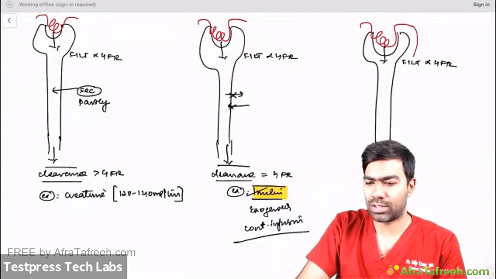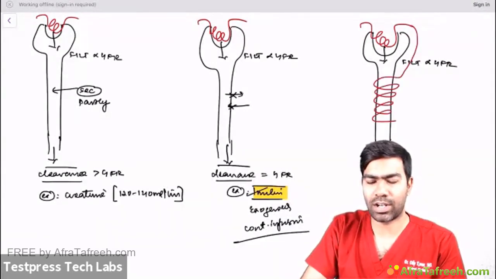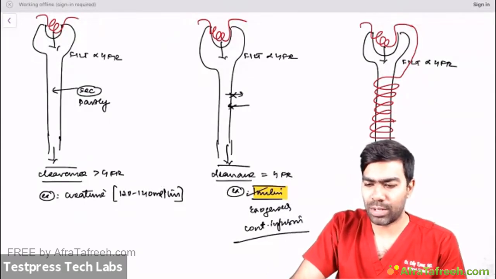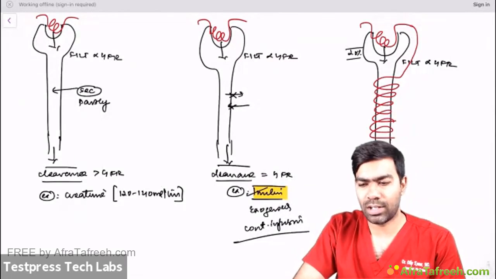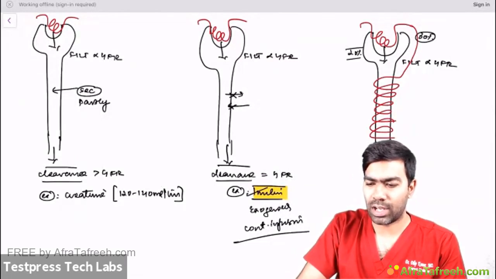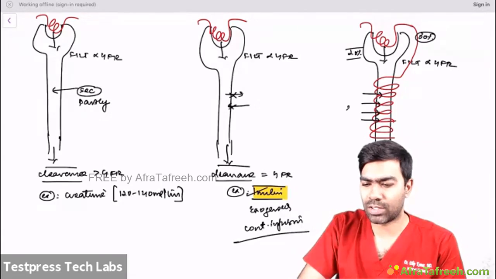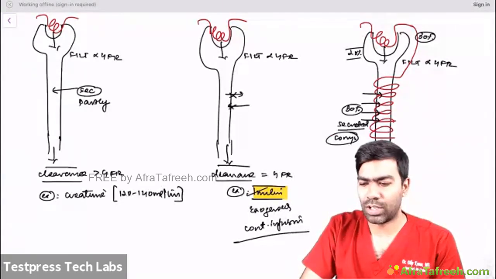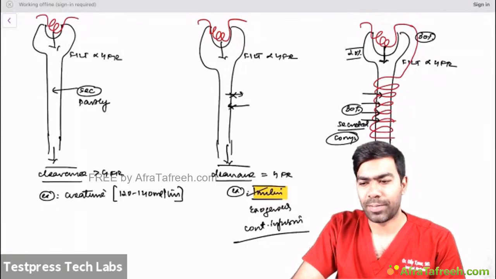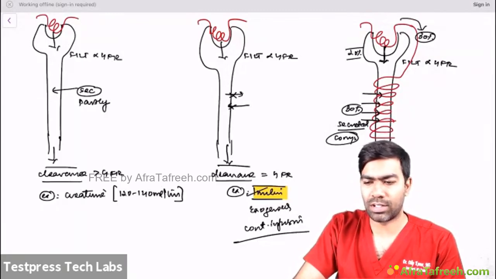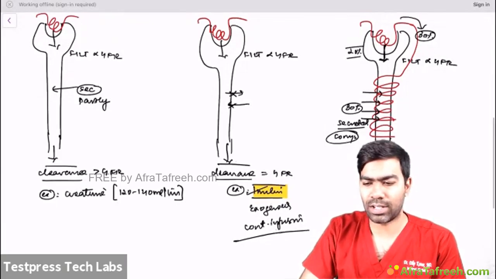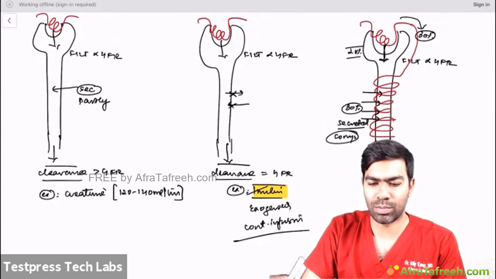And these capillary loops lead to the efferent arteriole, which is going to form the tubules. 20% is getting filtered, we know that, and the remaining 80% is coming through the efferent limb. Whatever is coming through the tubules is getting completely secreted, fully, into the tubules.